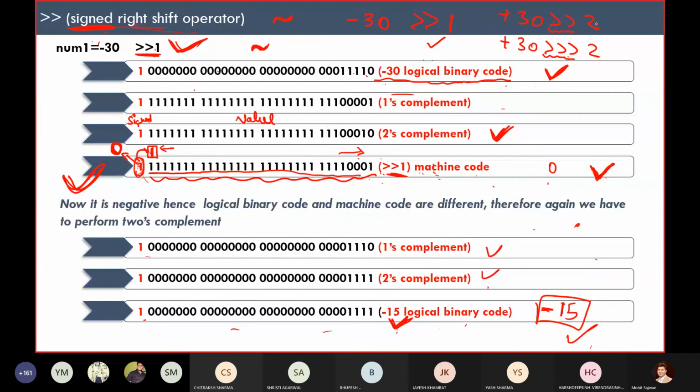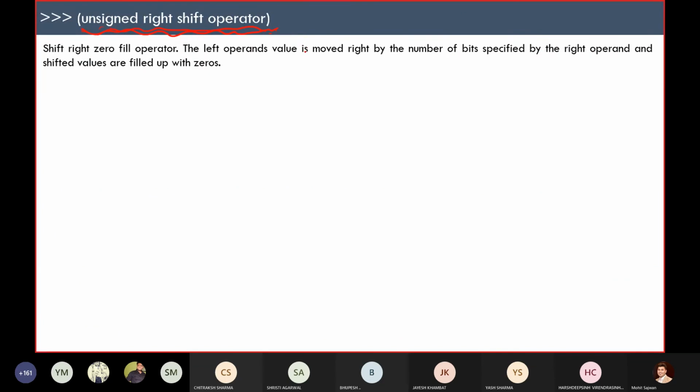In both scenarios, for a positive number you will get the same output. Why? Because your MSB in both cases is 0. That is why you will get the same output. But in the case of a negative number, for the signed right shift operator as well as the unsigned right shift operator, you will get different output. How you will get the different output, we will see.